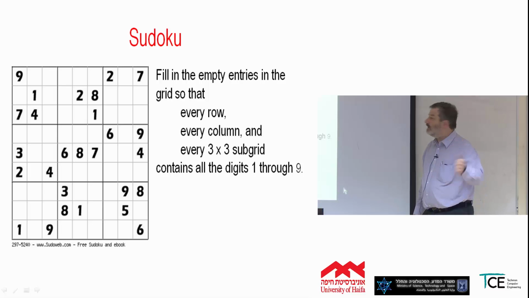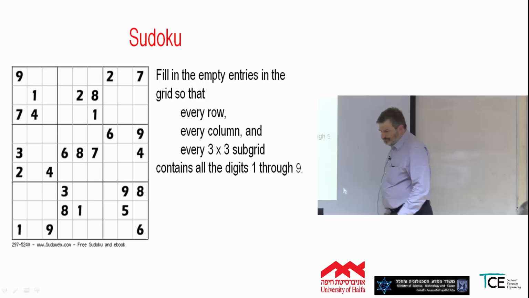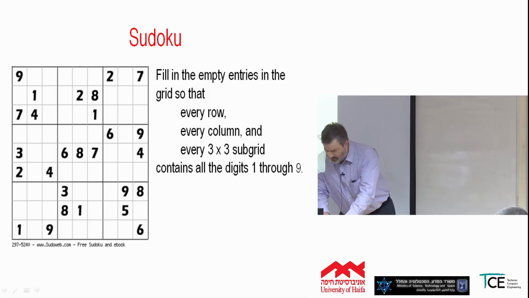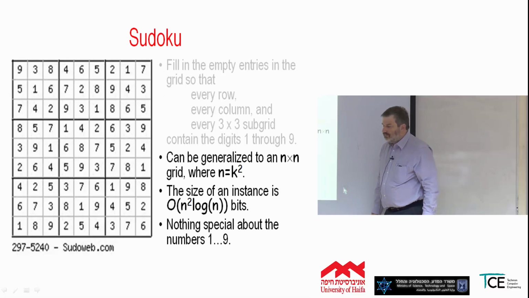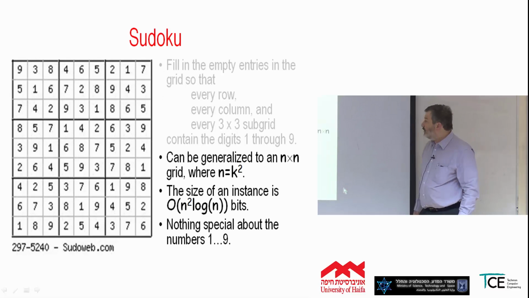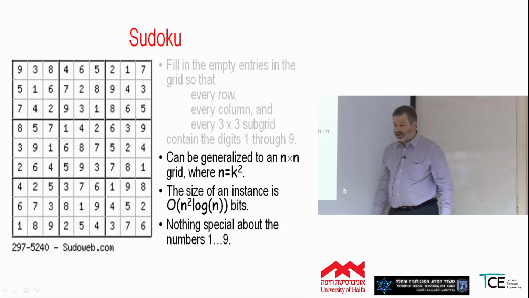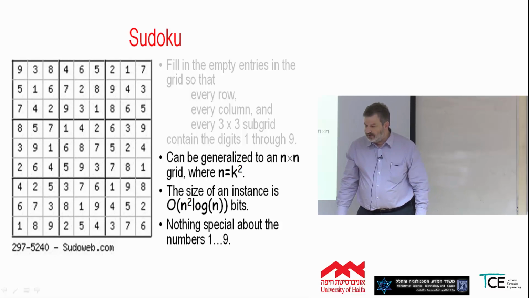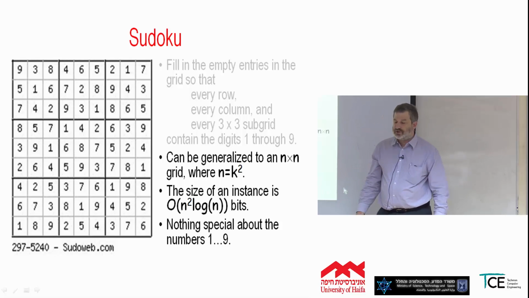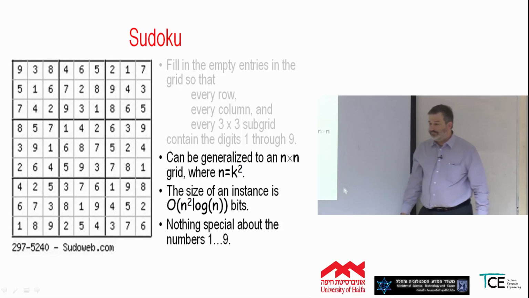You have to fill in the empty entries in the grid so that every row, every column, and every subgrid contains all the digits 1 through 9. And of course, you can generalize it to an n by n grid when n equals k squared, and the size of the instance is something like n squared log n. And of course, there's nothing special about the numbers 1 through 9.